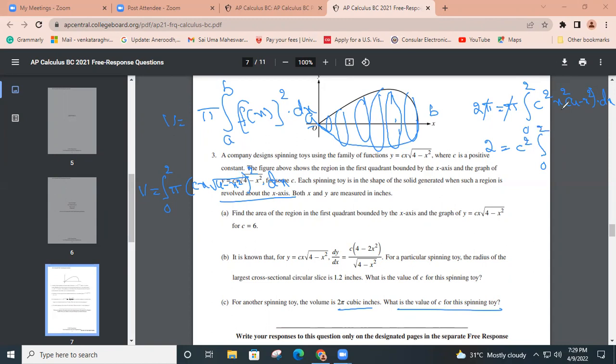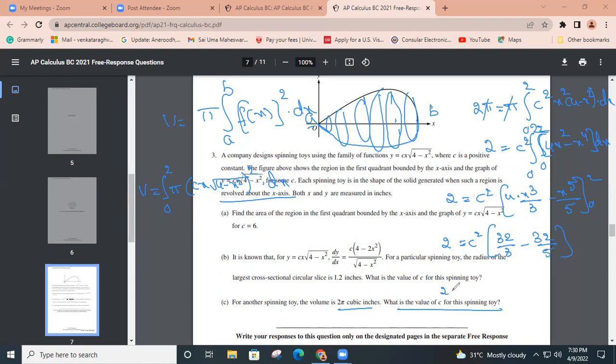the integral from 0 to 2 of x square into 4 is 4x square, x square into x square is x power 4, so (4x square minus x power 4) dx. Therefore 2 is equal to c square into [4 into x cube by 3, x power 4 integrates to x power 5 by 5] from 0 to 2. 2 is equal to c square into (4 into 8 by 3, that is 32 by 3, minus 32 by 5).